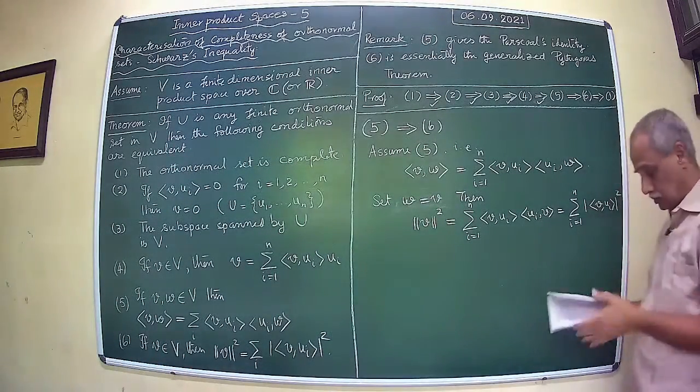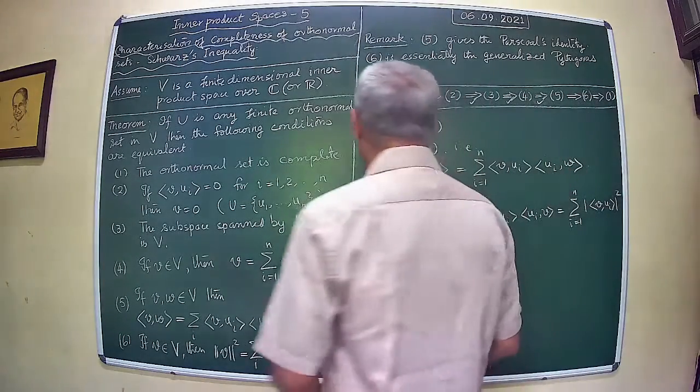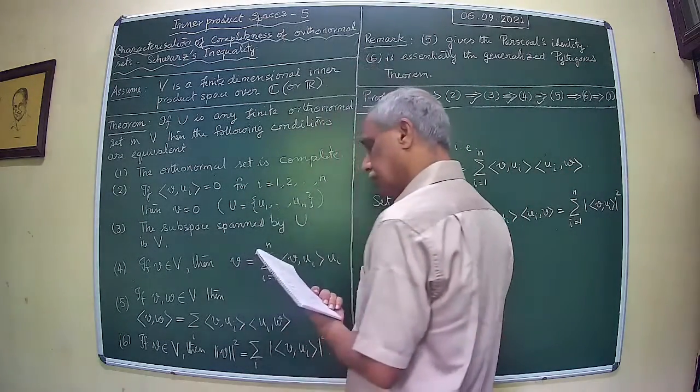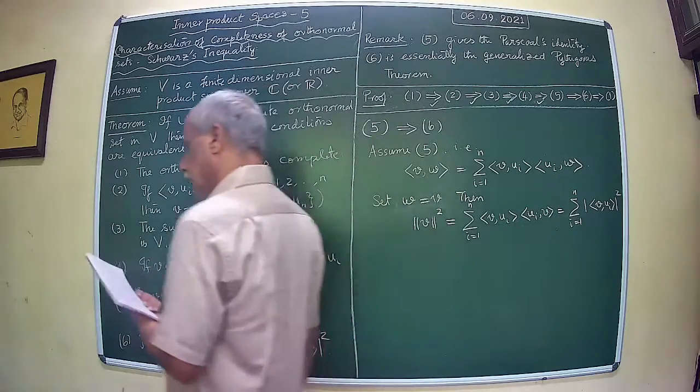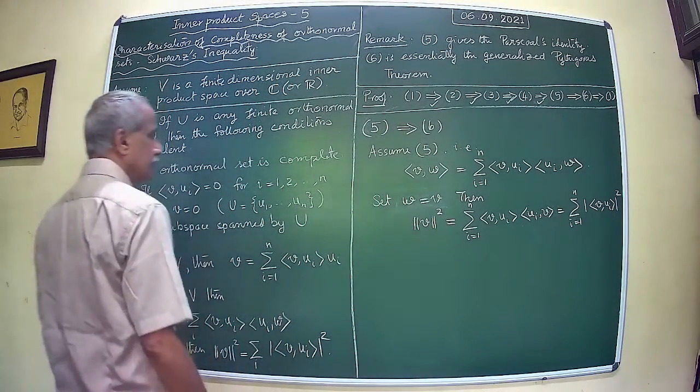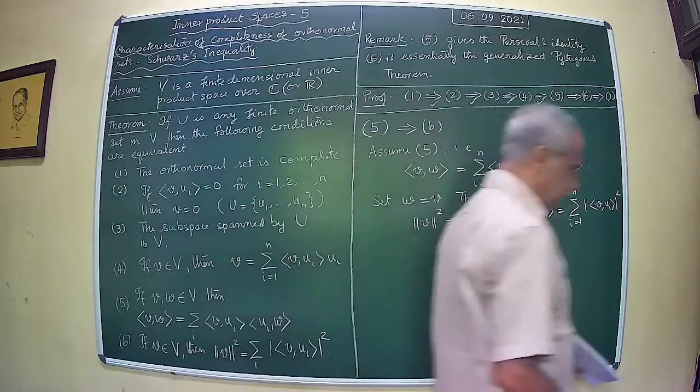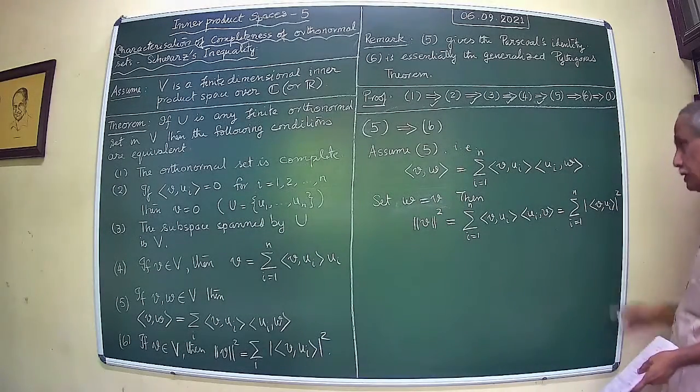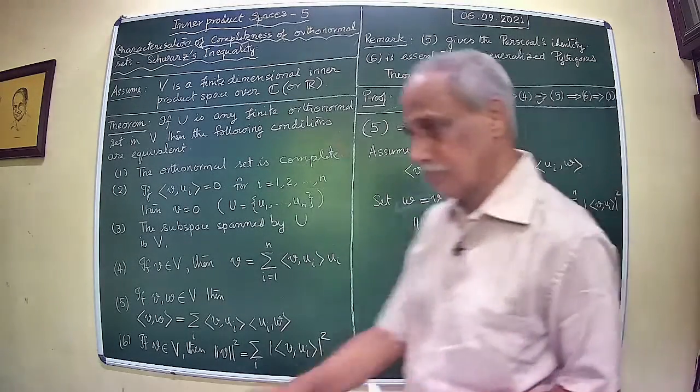Okay. Now what remains to be proved is that 6 implies 1. That completes the proof of the entire theorem.